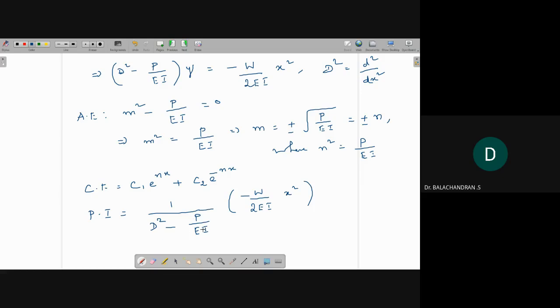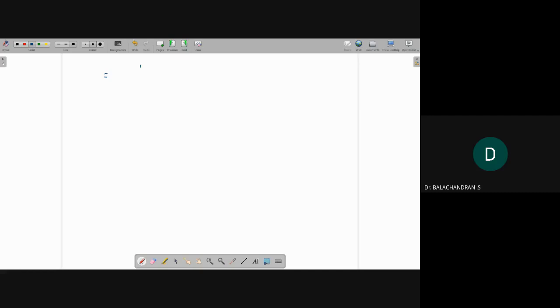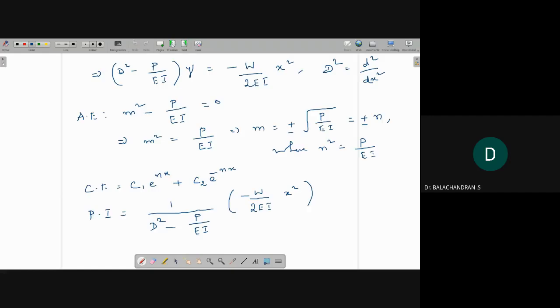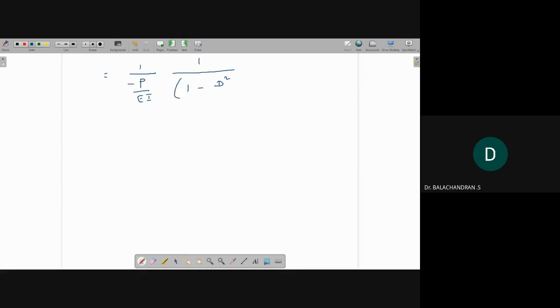P by EI is a constant, so let us take minus P by EI outside, which gives 1 by minus P by EI into 1 by 1 minus D square by P by EI, into minus w by 2 EI into x square.